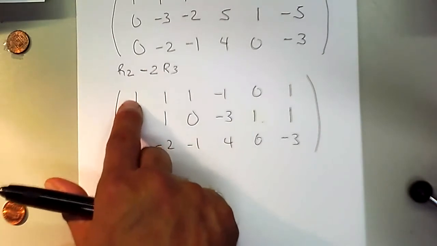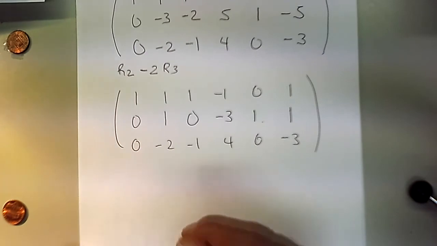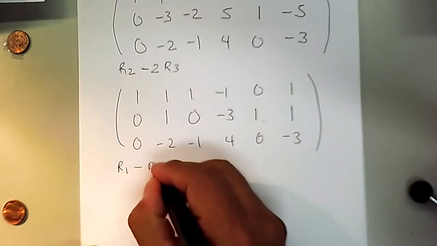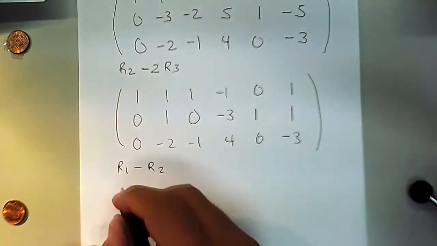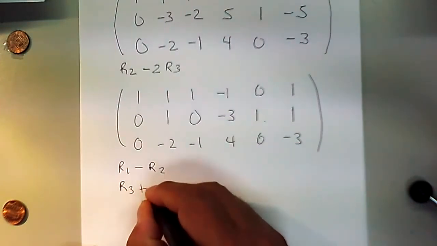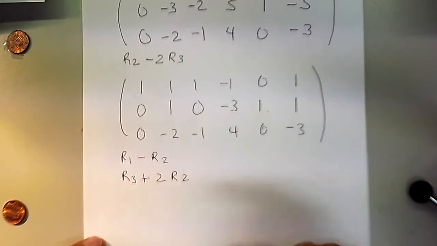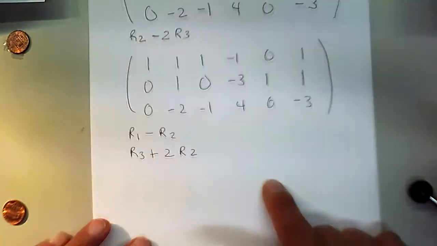That's going to mess up this entry if we don't have zeros everywhere else. So we're going to do row 1 minus row 2 because that's going to cause this entry to be 0. And we're going to do row 3 plus twice row 2. So twice that on top of that, that's going to cause this to be 0.